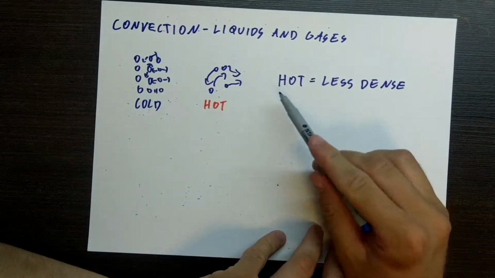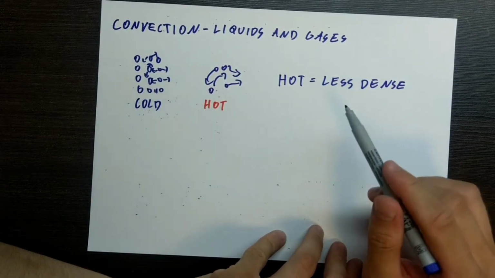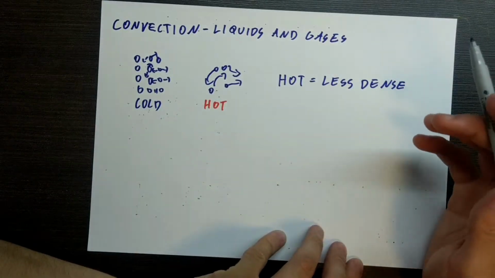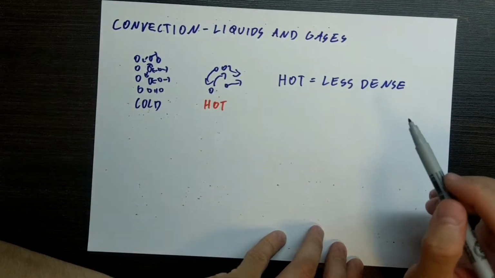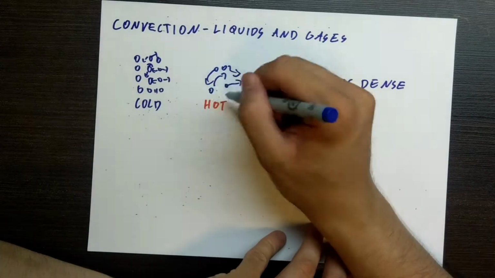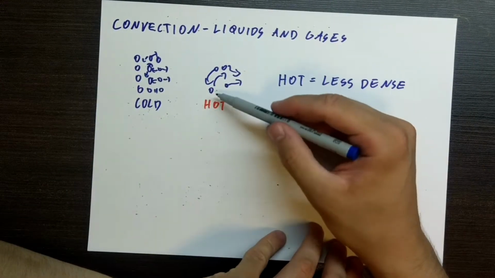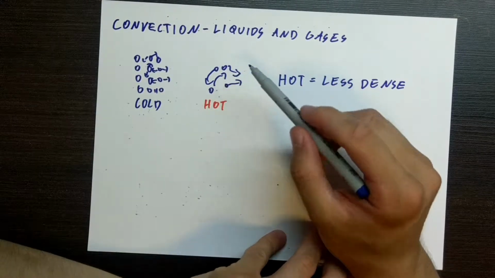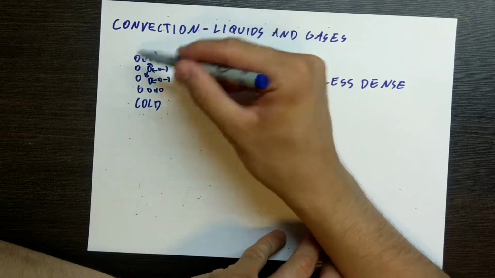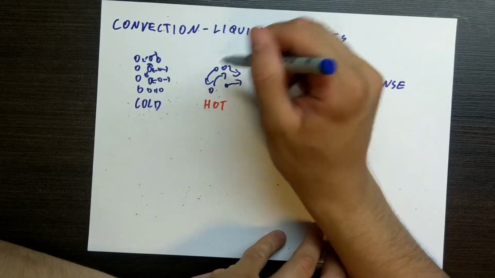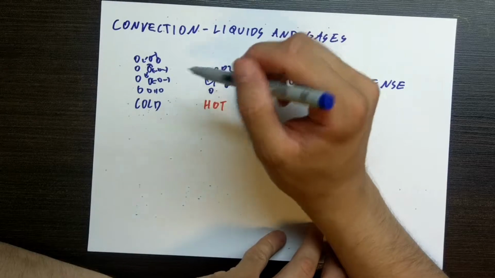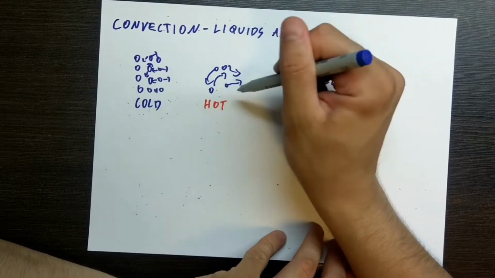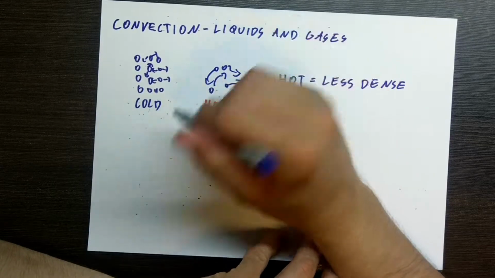Now, why would it be less dense? Why, if we heat up a liquid or a gas, does it just magically become less dense? Well, when we have particles moving around a lot, then they clearly cannot be as tightly packed as these guys. For any given volume or area, we will have fewer of these particles because they're moving around.